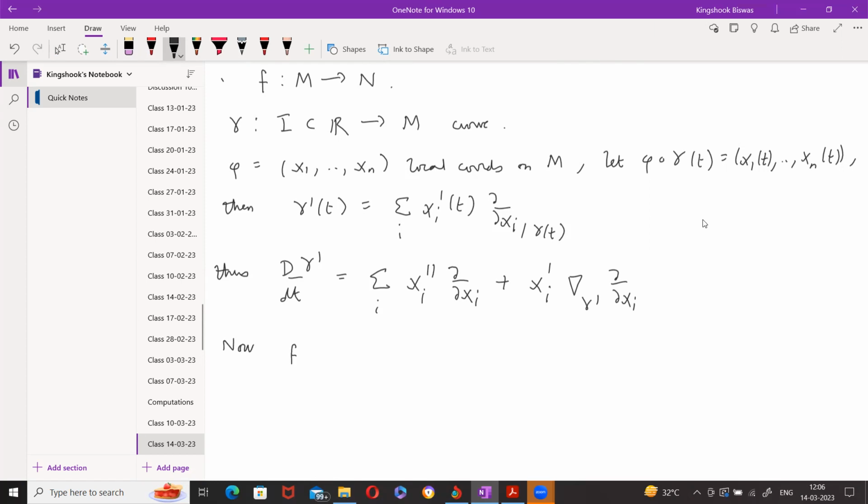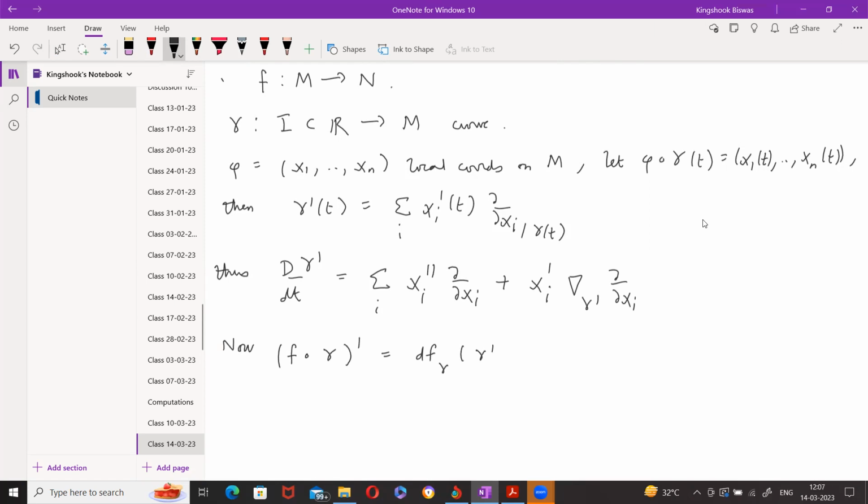Now, let me look at F composed with gamma. F composed with gamma is a smooth curve in N. So if I look at its derivative by the chain rule, this is df at the point gamma applied to gamma prime.